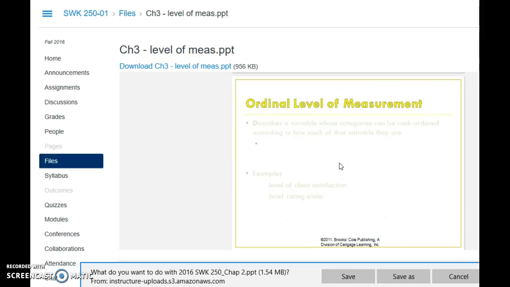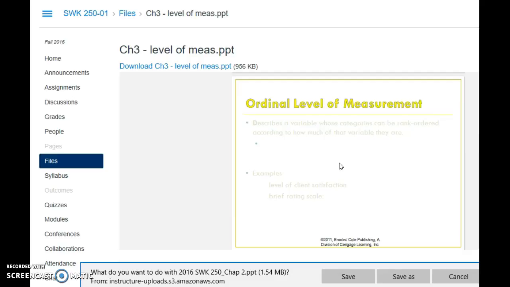Ordinal, a good example of ordinal level measurements is that they will be ranked in some way, and it'll go from either low to high in values or high to low, but you can't intermingle or mix those categories up.